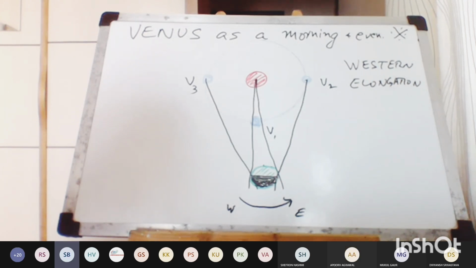Africa. So which direction is Europe? Sir, west. West. Yes, sir. Very good. Very intelligent batch I have got.